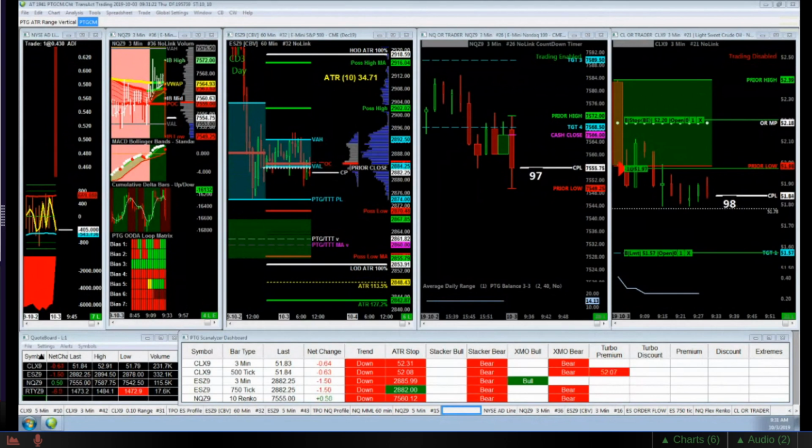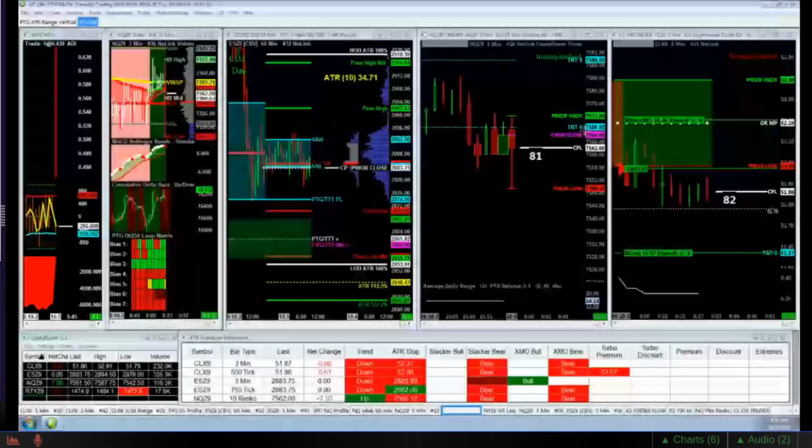Get that crude oil down. Again, expectation is for oscillations here, so push downs, pushes up, push downs, push up.